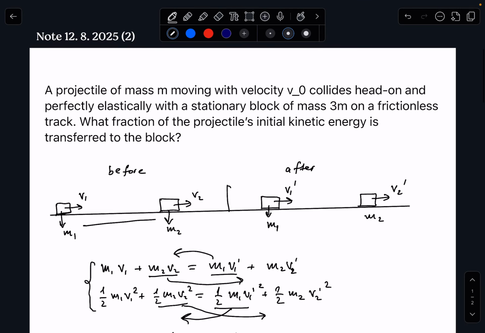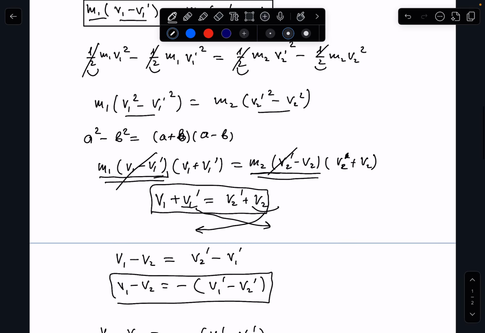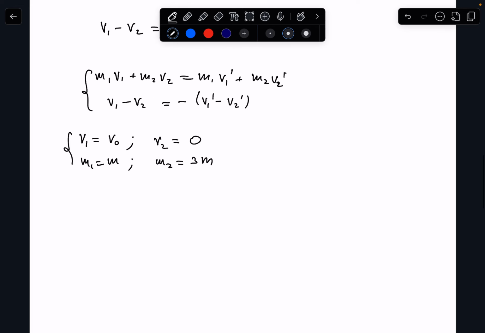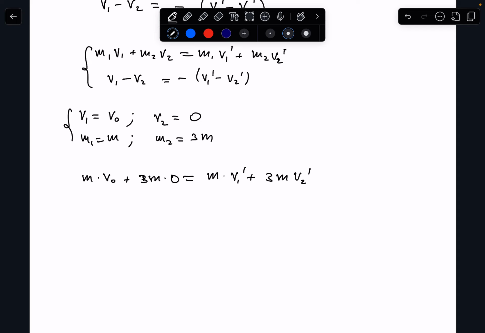You can read it here, you can pause and read it, and then let's put everything in order. m1 is m, so m v0 plus m2 is 3m times v2 which is 0, equals m v1 prime plus 3m v2 prime. And next one, v1 is v0 minus v2 which is 0, as we wrote, equals minus (v1 prime minus v2 prime).